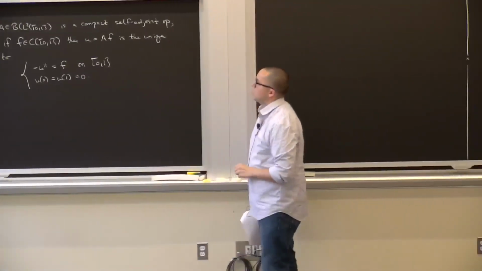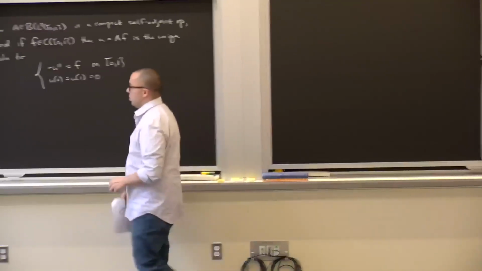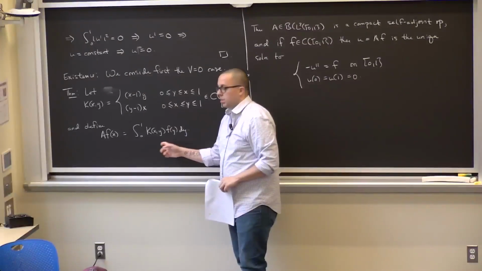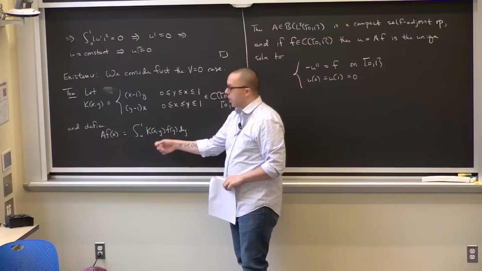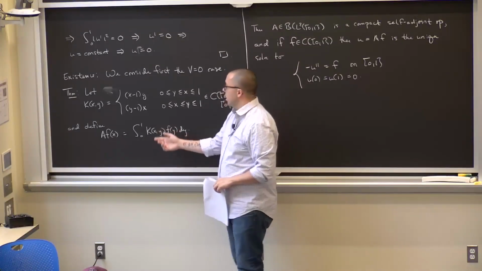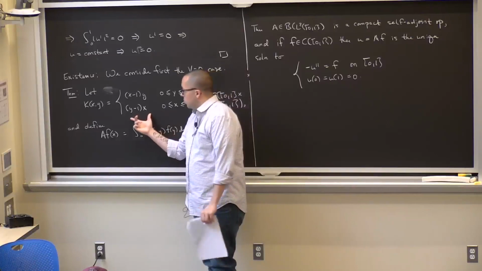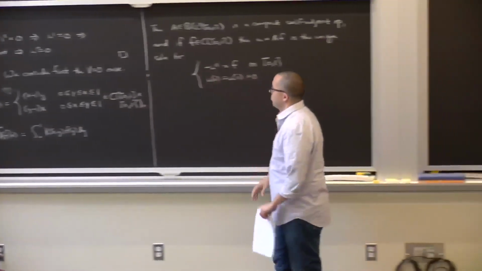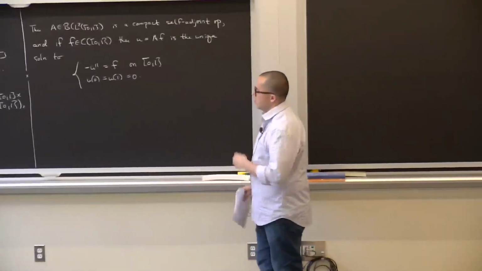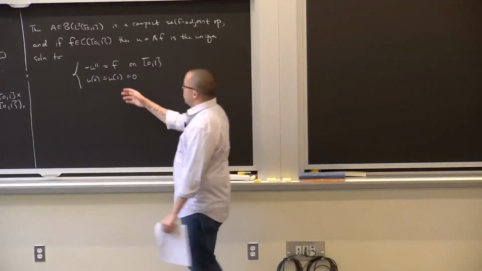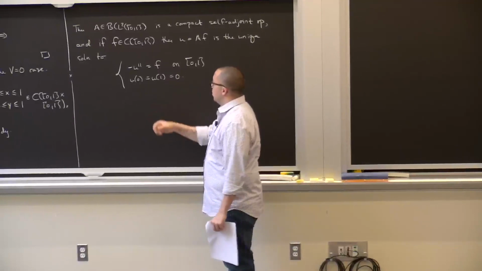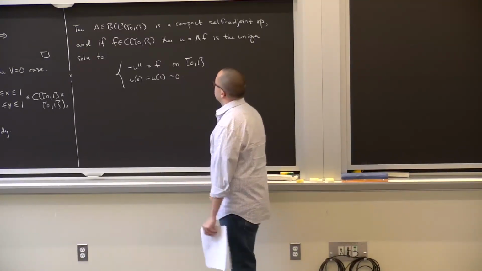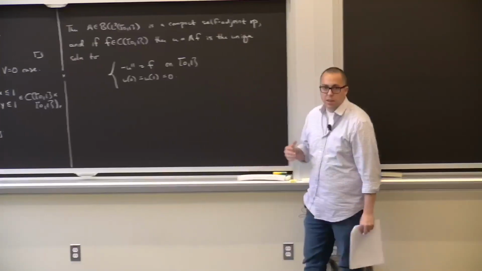Okay, so when v equals 0, we can write down the explicit solution in terms of what's called an integral operator, because you take a function, multiply it by another function, and integrate. This thing here is usually referred to as the Green's function for this differential operator. What this theorem says is that the solution to your differential equation, your Dirichlet problem, is given by an integral operator, which is a compact self-adjoint operator on L2.